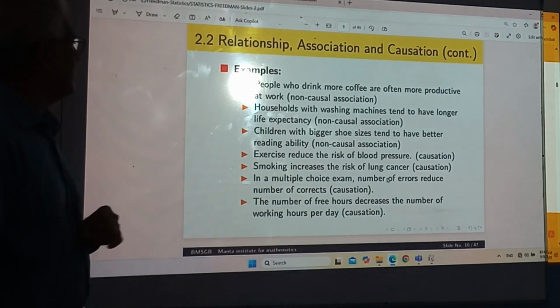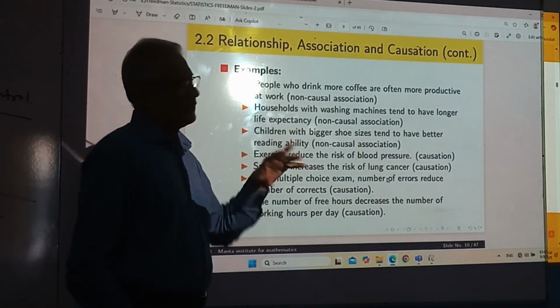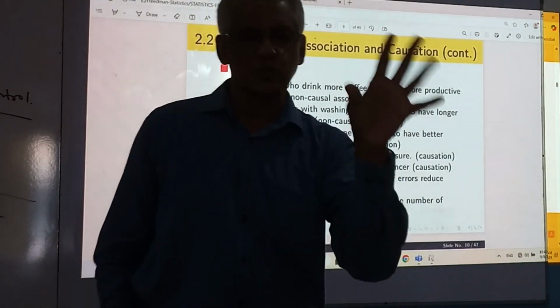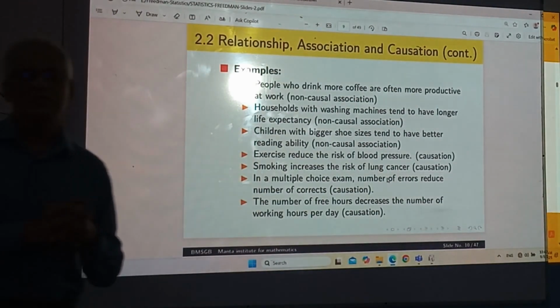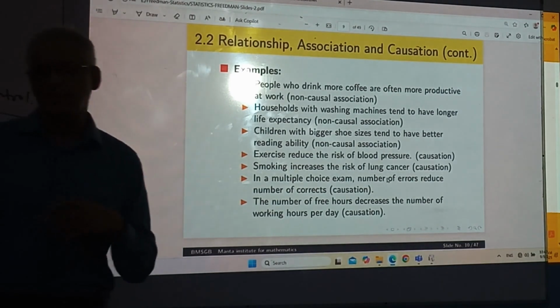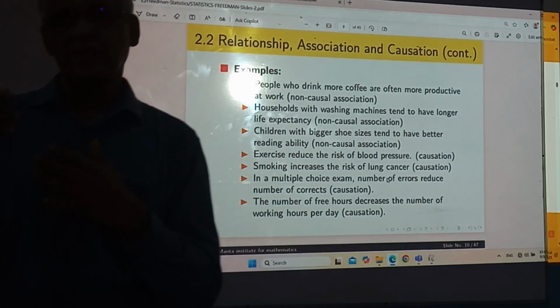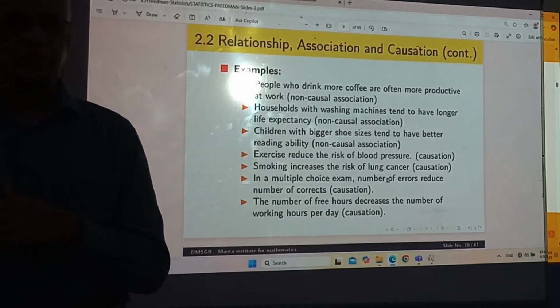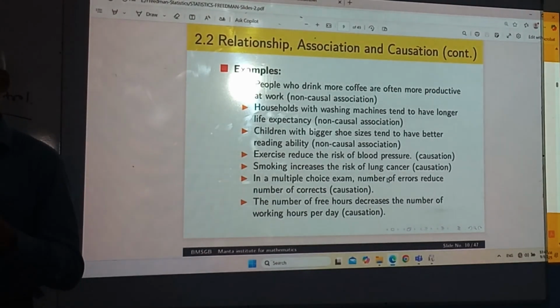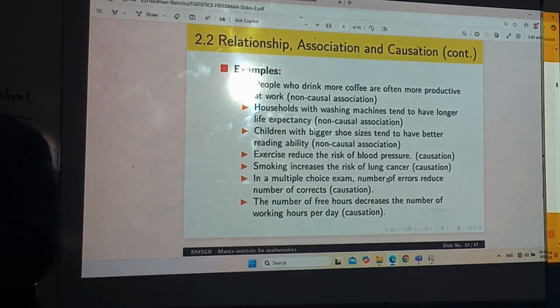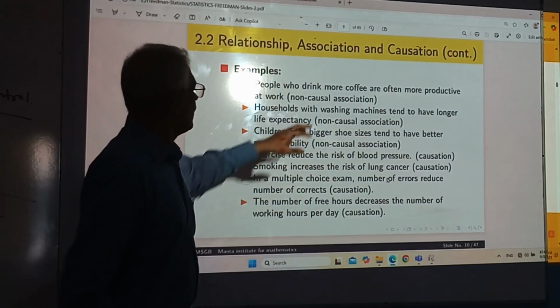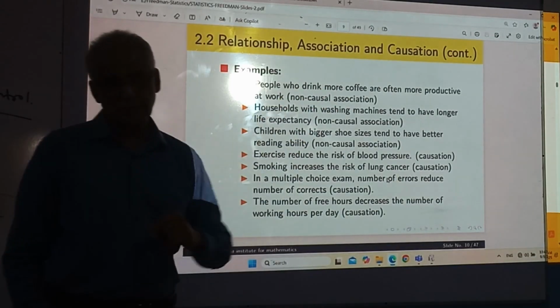But if there is some association, that means those who drink coffee are more productive, but those who do not drink coffee are a little less productive, that shows there is some association, but it may not be causation. In that case, there may be a third variable or several variables which are affected by coffee, for example.